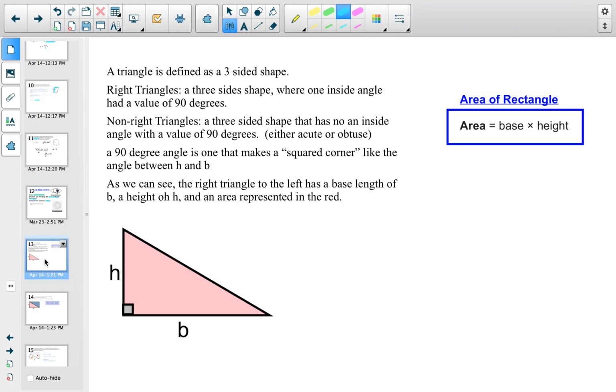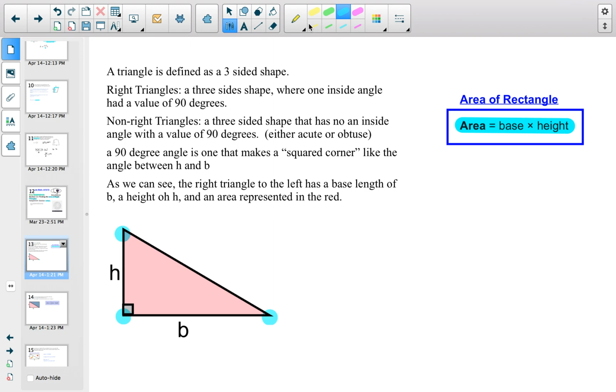So we know the area of a rectangle to be the base times the height. Well, a triangle is defined as three sides. So we can see we have one corner, two corners, three corners. All these make the three sides.